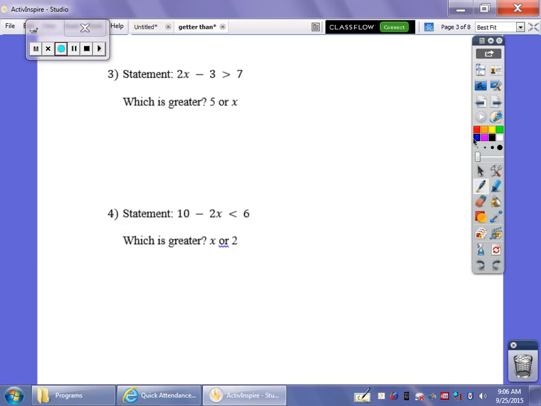All right, so hopefully you had time to go through this and figure this out. So the statement says 2x minus 3 is greater than 7. Which is greater, 5 or x? So if we look at what we're given, we have 2x minus 3 is greater than 7. Well, we can solve this to figure out what the value of x is. So here's our statement.